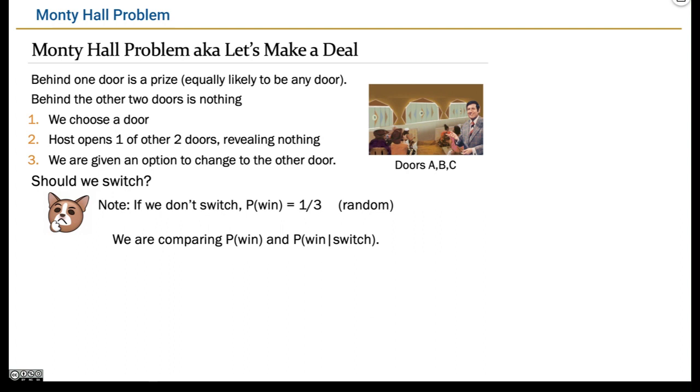What is the probability of winning given that I switch? Knowing that there's this extra information and knowing that the host does know which door the prize is behind, and so the host is always going to open a door that has nothing behind it. Okay, so take a minute, try to see if you can calculate and compare these probabilities.